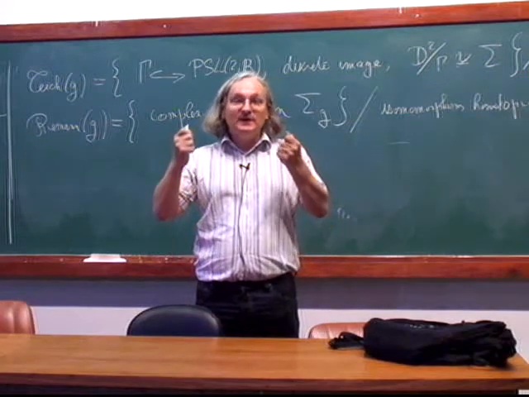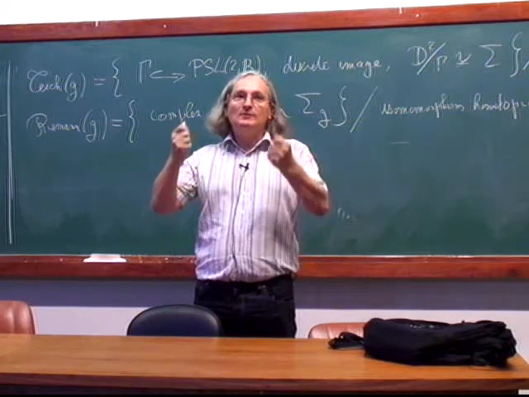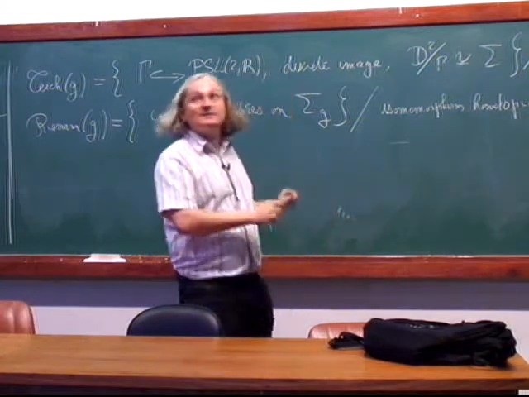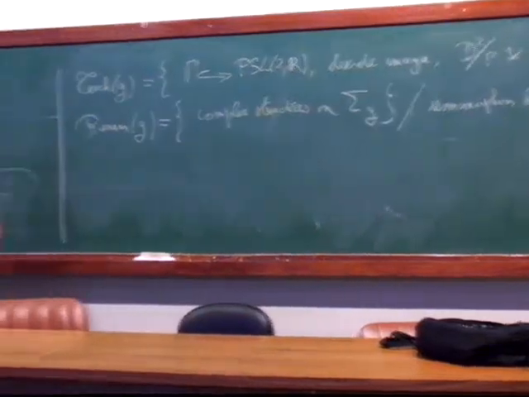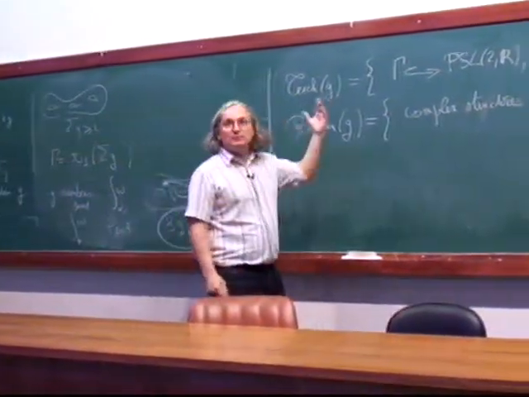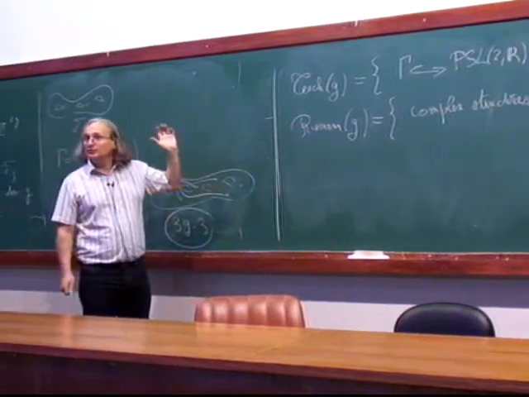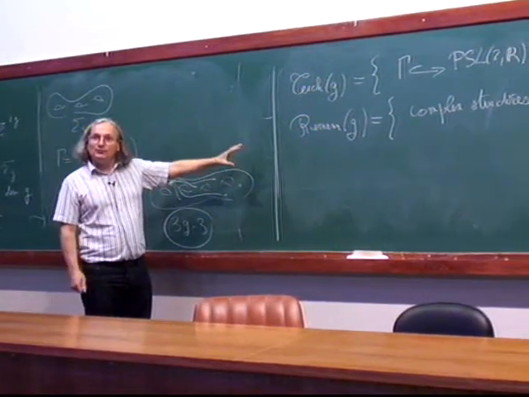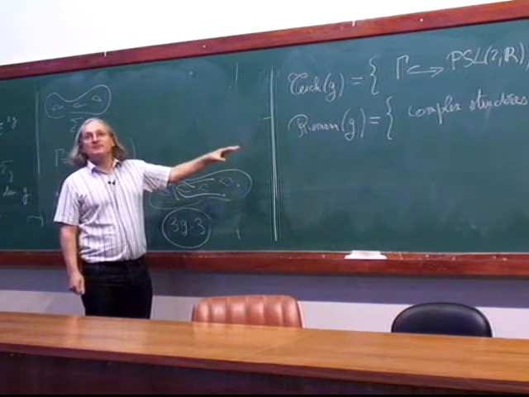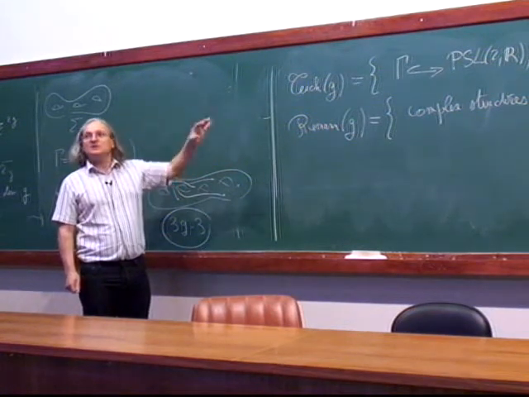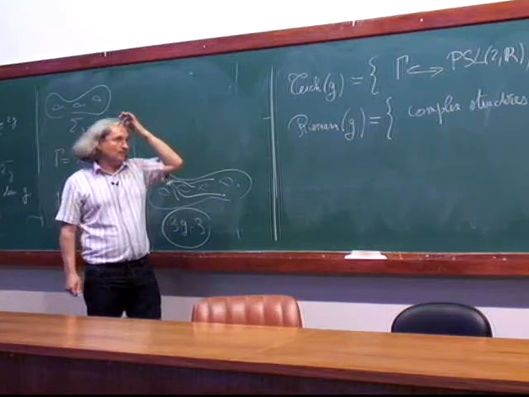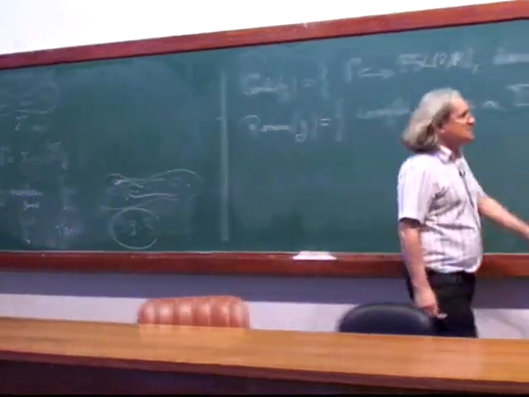It really gives local coordinates on this space. He never proved it's a contractible space or whatever. He never proved it's a ball, as we know today. But he did prove that this is a complex manifold of dimension 3G minus 3. So this, I think, is convincing.